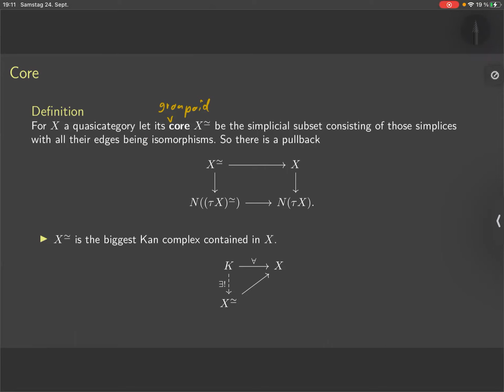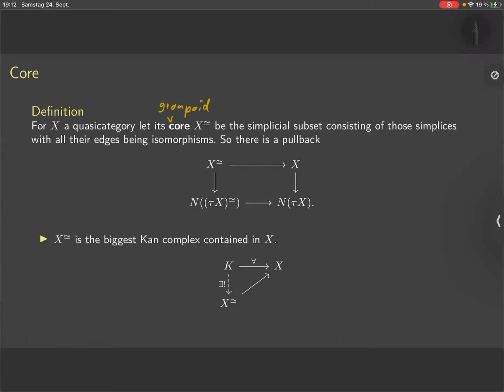We are taking the nerve of the homotopy category of X, and then the nerve of the usual groupoid core of the homotopy category. So we essentially look at all those edges that are isomorphisms, and take the pullback from this. In essence, this is the same as this description here, that we take all the simplices that have all edges being isomorphisms.